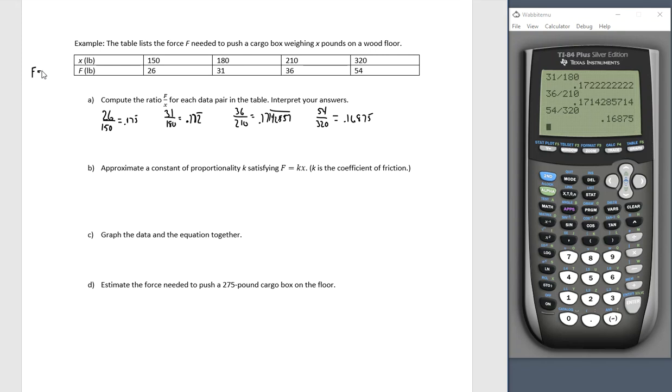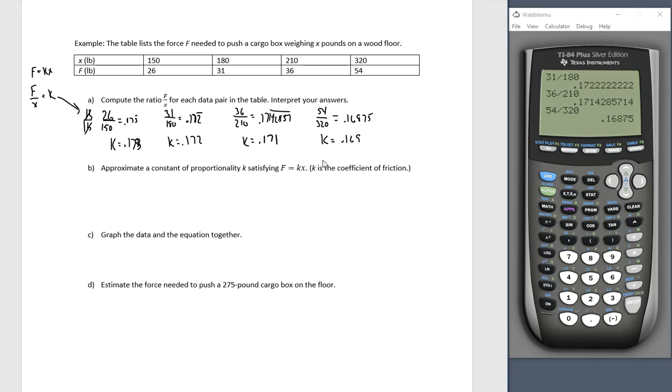Okay, we have 54 over 320, we get 0.16875. So what is this? If force is equal to some constant times x, then F over x must be our constant. Because this is pounds divided by pounds, the units cancel out. A constant of 0.173, 0.172, 0.171, 0.169.